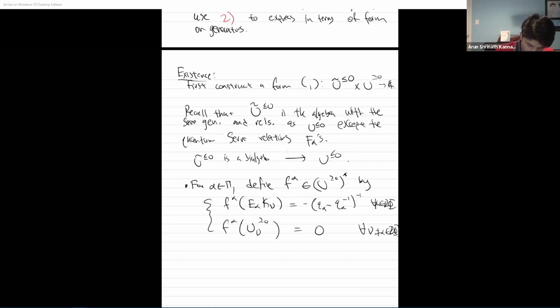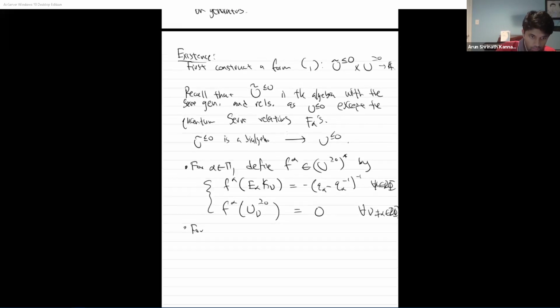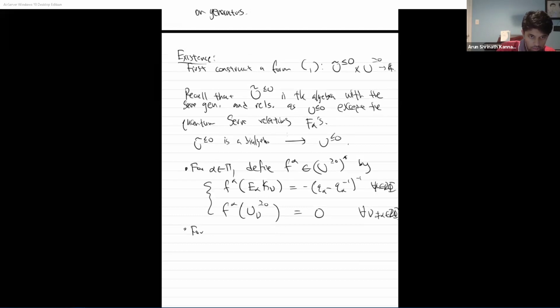Okay, and then we're going to define another function, which will be an algebra homomorphism as well, from u greater than or equal to 0 to k.